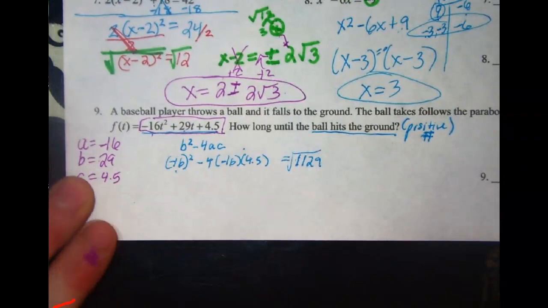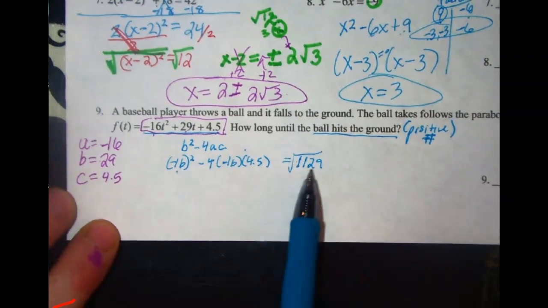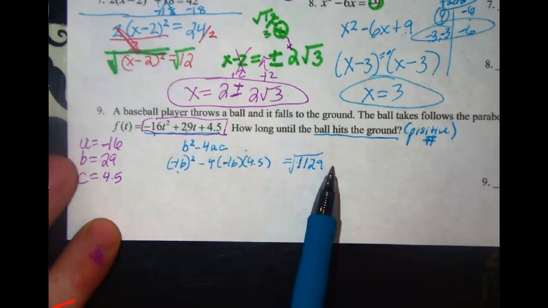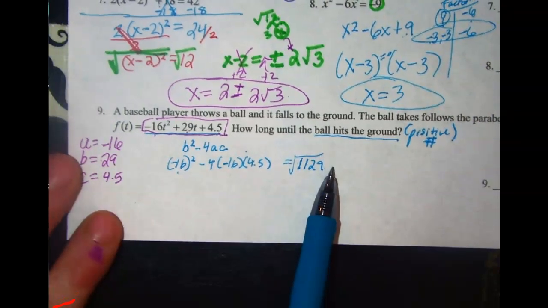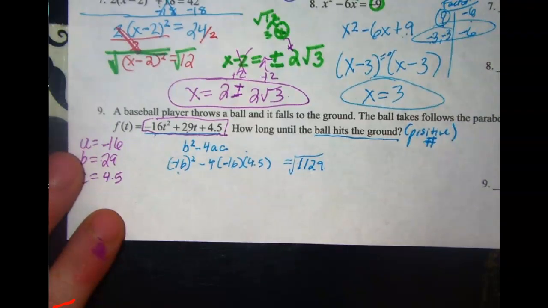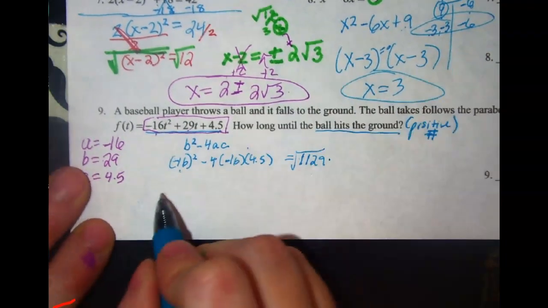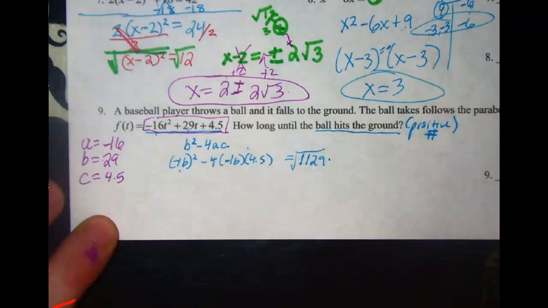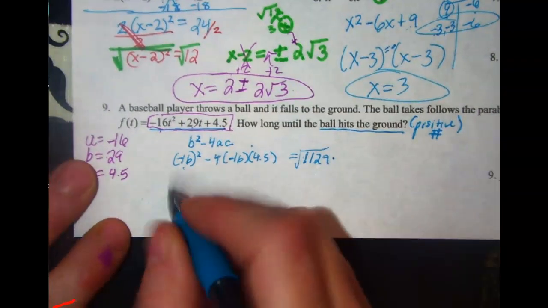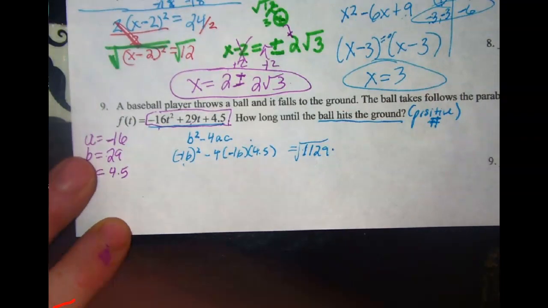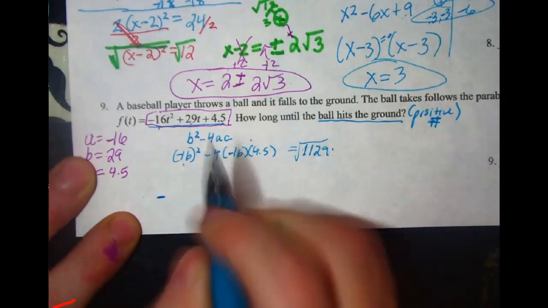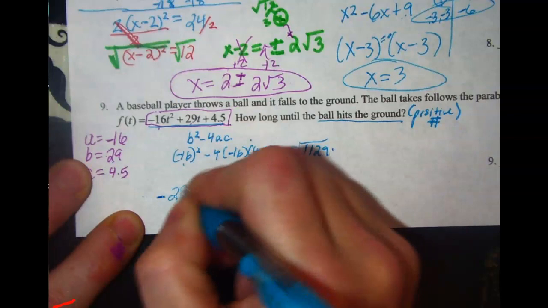And what's nice is this is actually going to end up being a perfect square for us. So let's just go ahead and look. This is our discriminant. So remember, now we have our negative. We're going to do our whole entire formula. So that we get negative b, so negative, and then b is 29.